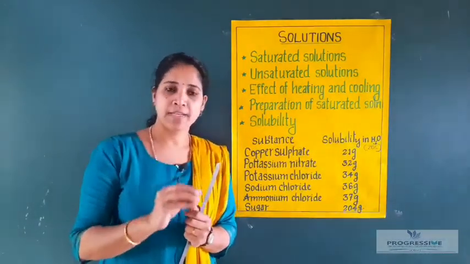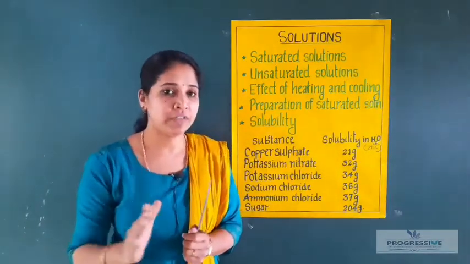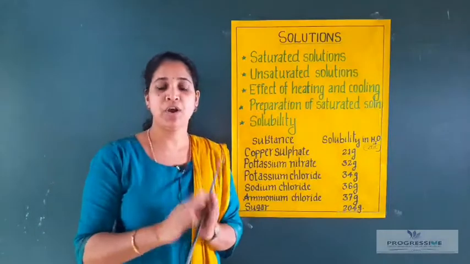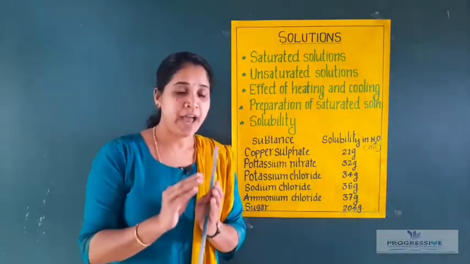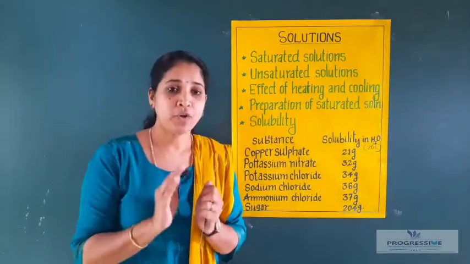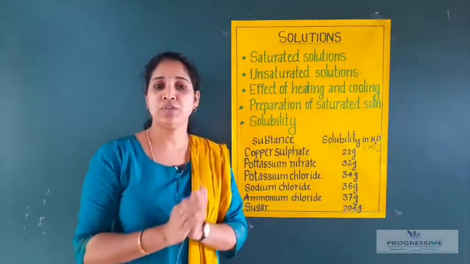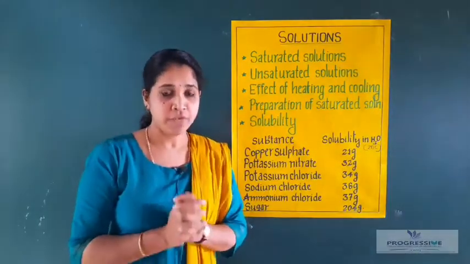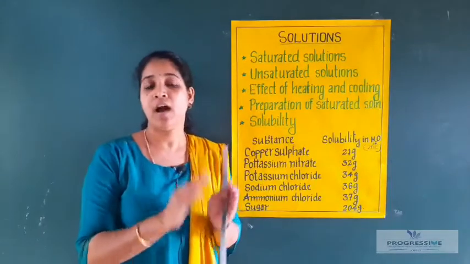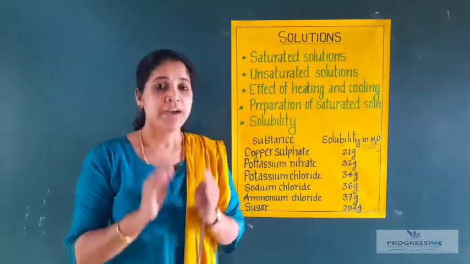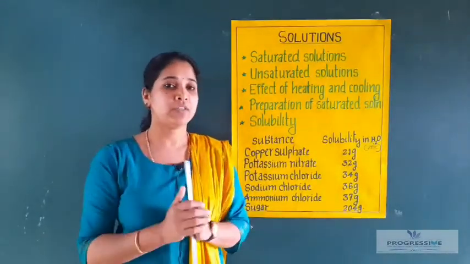So we can add different amounts of the solute to the same quantity of the solvent, and we get solutions of different concentrations. Understood? For example, when we add different amounts of salt to the same quantity of water, we get salt solutions of different concentrations.